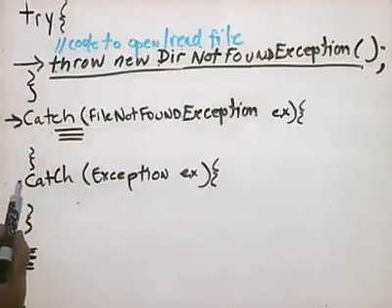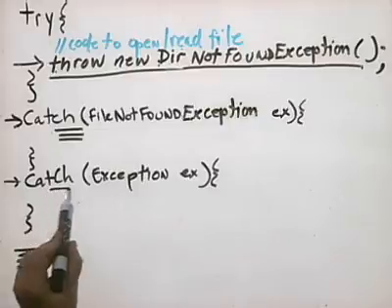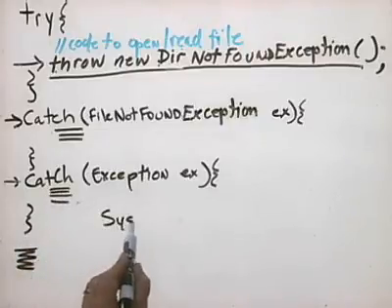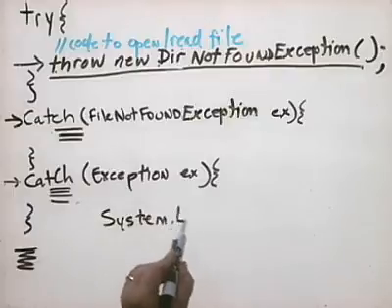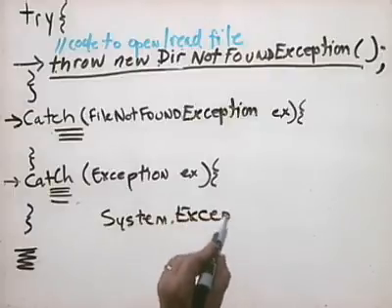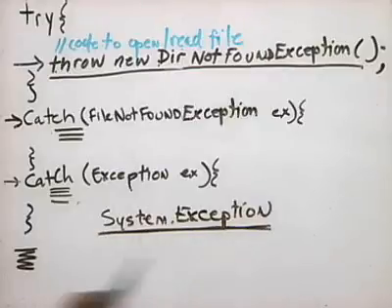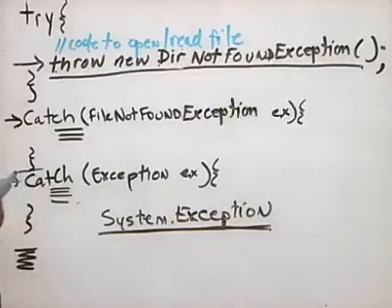When it turns to this one, the code inside this catch statement does get executed because remember, System.Exception catches everything. This is the exception class that all exception classes are based on. So this is a general catch or generic catch. It'll catch everything.